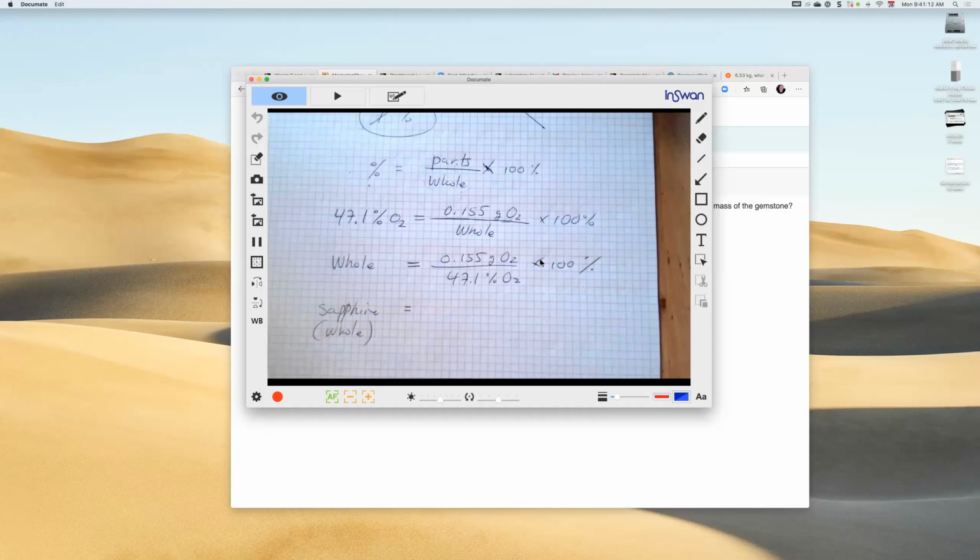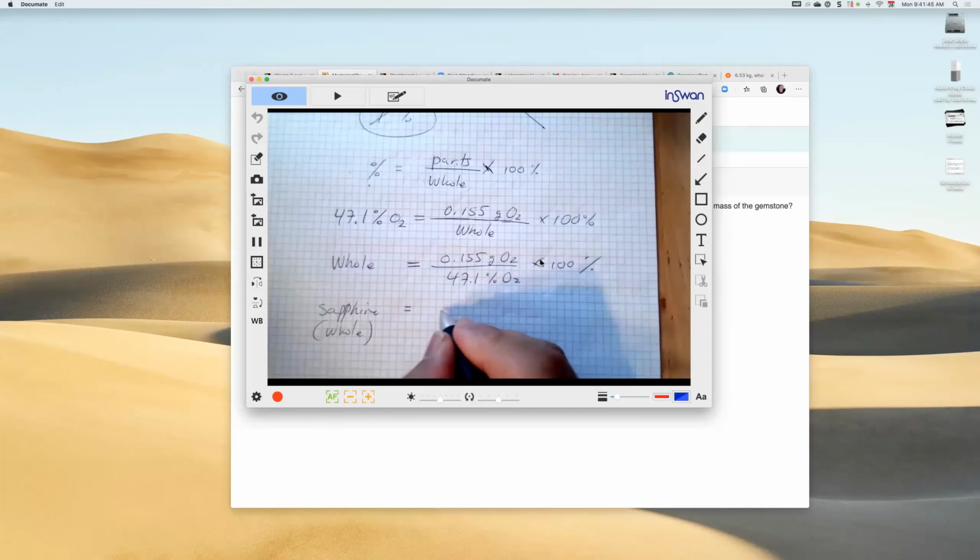Anyone? So the whole should always be bigger than the parts. All of the parts are going to add up to the whole, to the complete, if you will. So I would expect you to be thinking that the complete stone should be heavier than the 0.155 grams of oxygen.